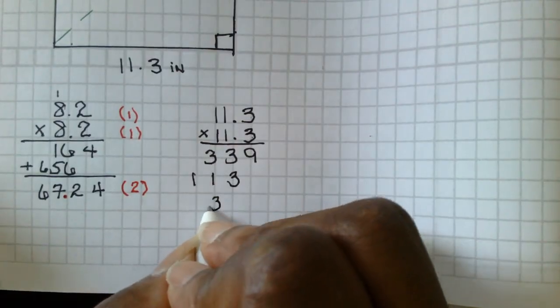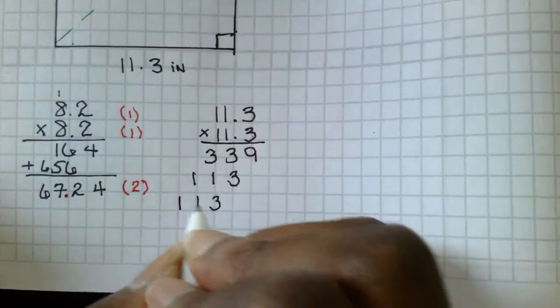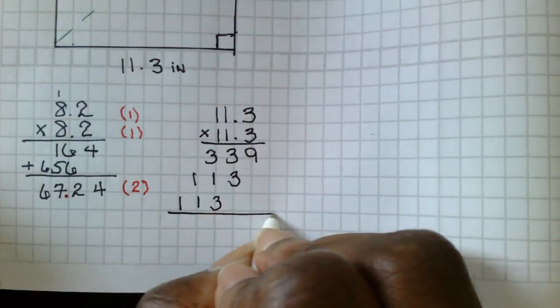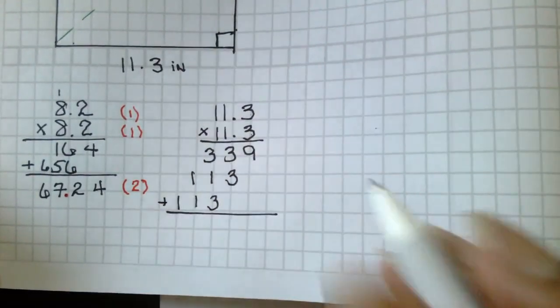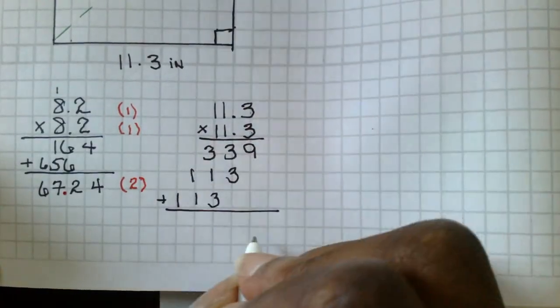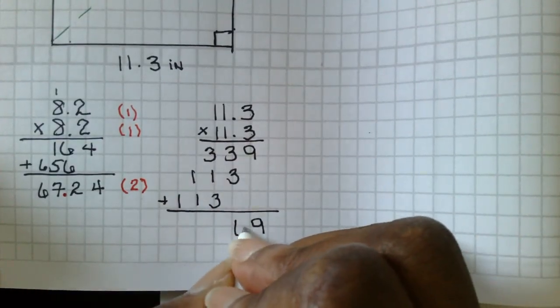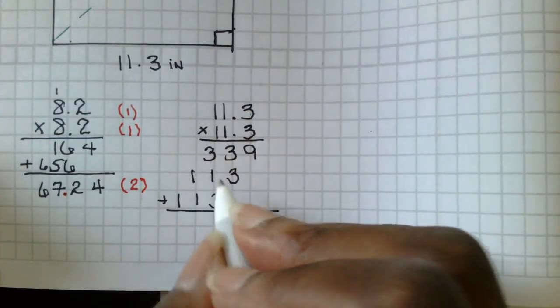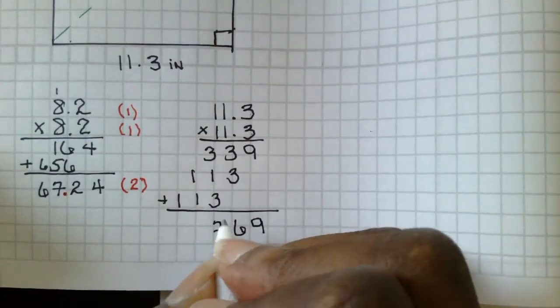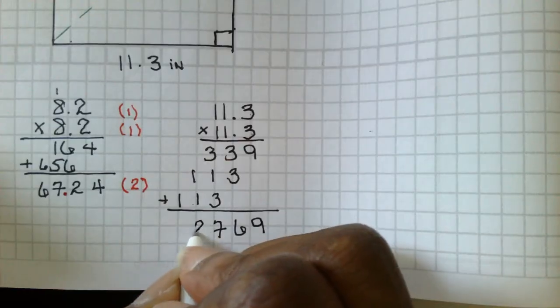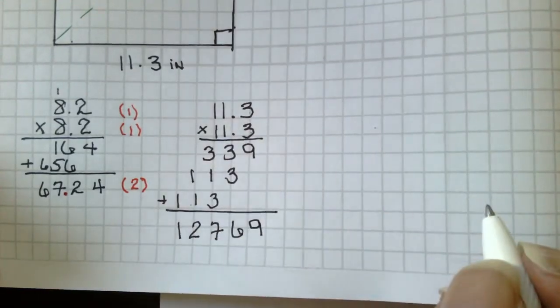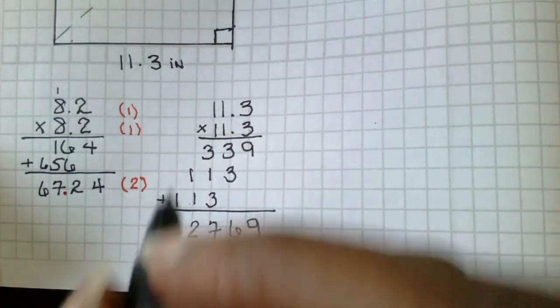So this is 3, 1, and 1. So bring down your 9. 3 and 3 is 6. 3 and 3 is 6 plus 1 is 7. 1 and 1 is 2. Bring down our 1.